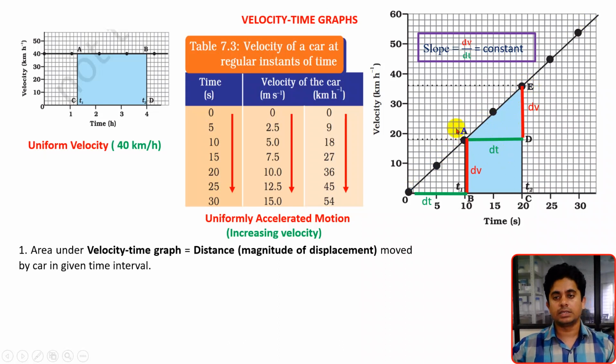Now, when the car has traveled from point A to point E, like we took point A and point B for uniform velocity, where the area of the rectangle is the magnitude of the displacement, the similar logic applies here. The area under the line AE will give us the magnitude of the displacement for the journey from point A to point E, during time t2 minus t1.